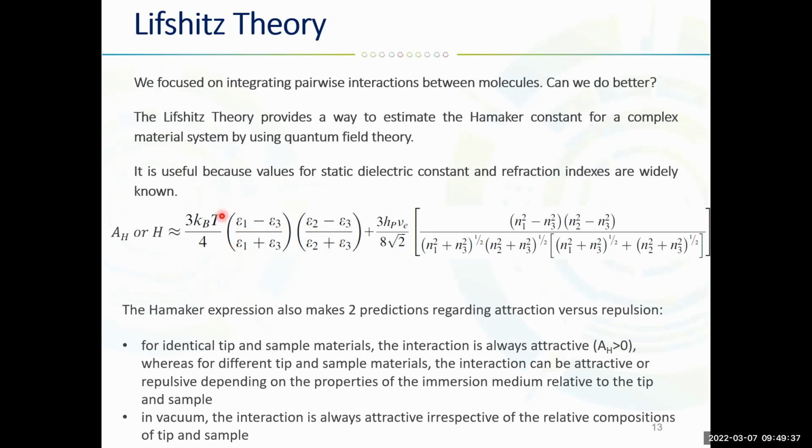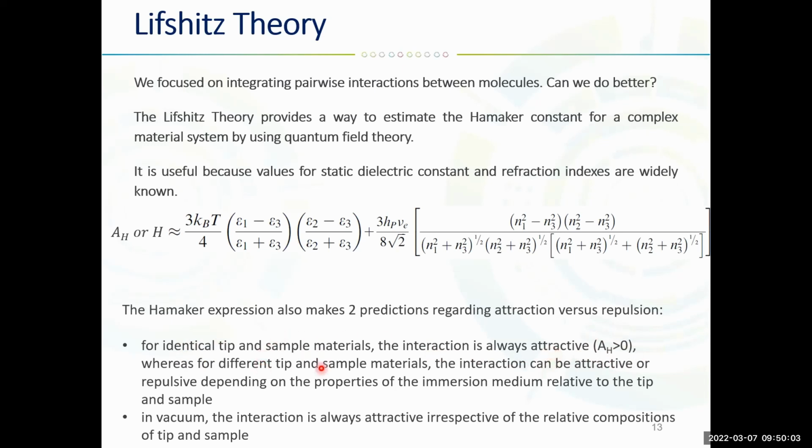Of course, I do not expect you to remember this particular equation, but it is good to understand that this expression also makes predictions regarding attraction versus repulsion. If we have identical materials for the tip and the sample, then the Hamaker constant is always positive and the interaction is always attractive.